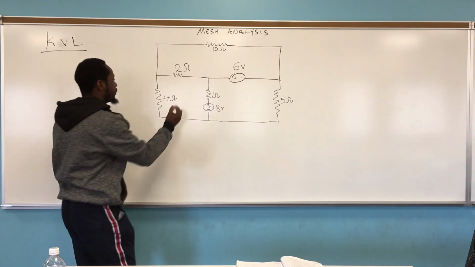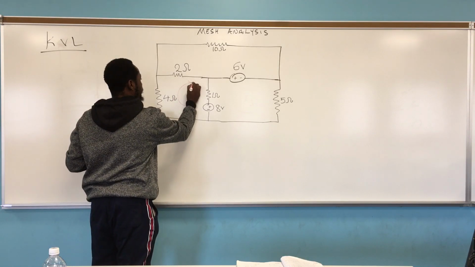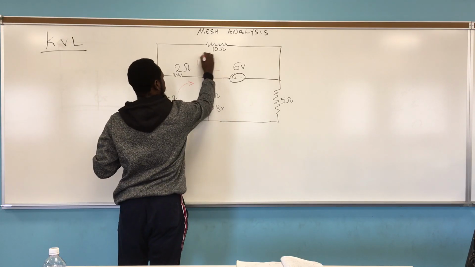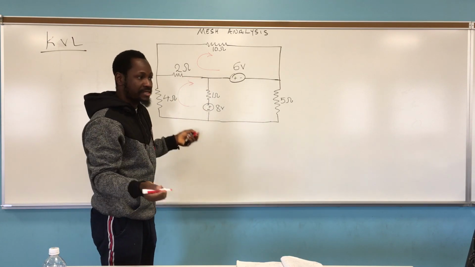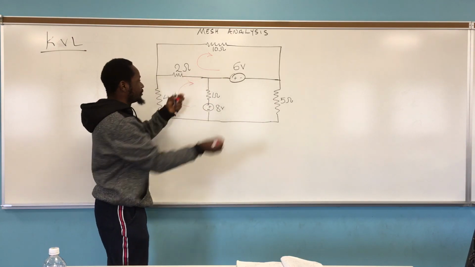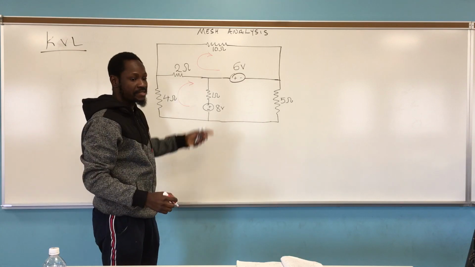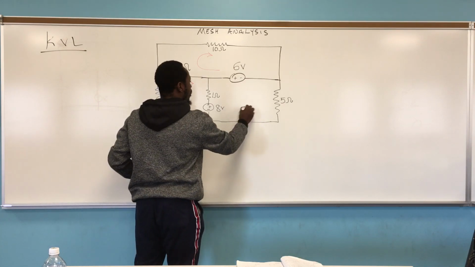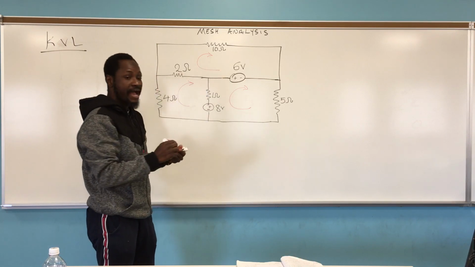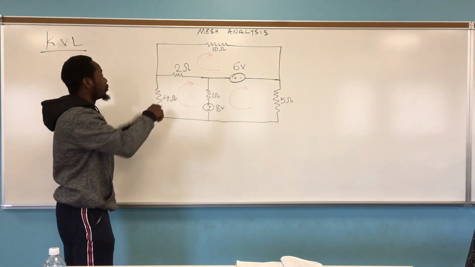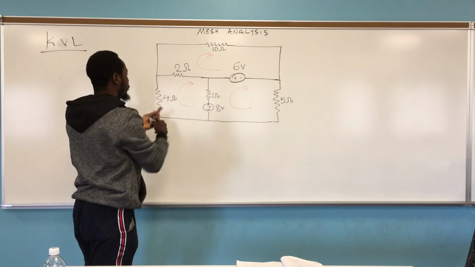So the first step you want to take is to assign mesh currents. Now, I'm just picking directions arbitrarily. I can decide to go counterclockwise, but I'm just assuming that all my mesh currents are going clockwise, right?